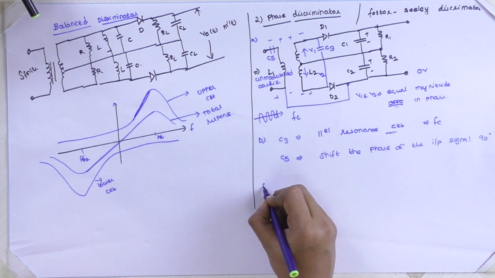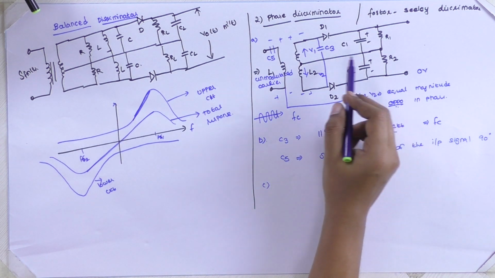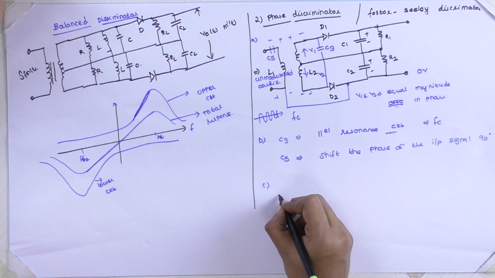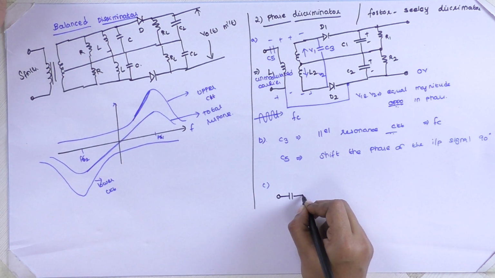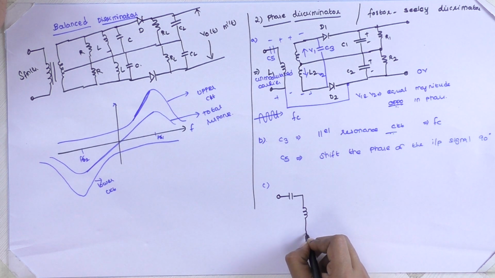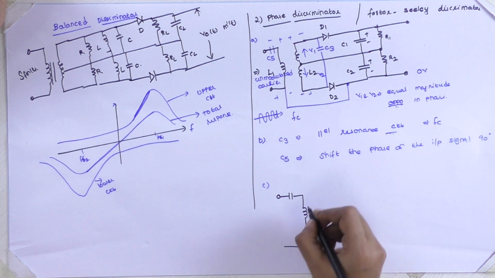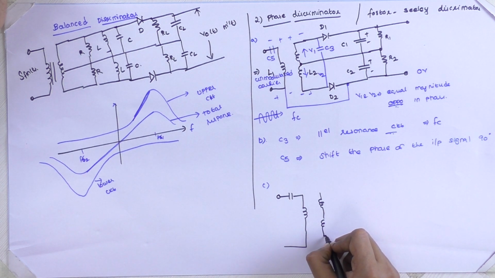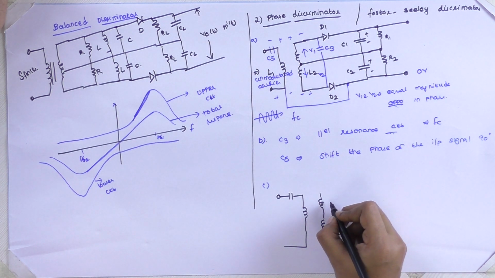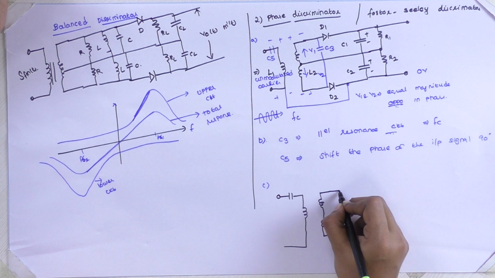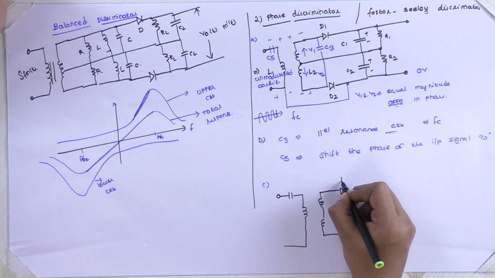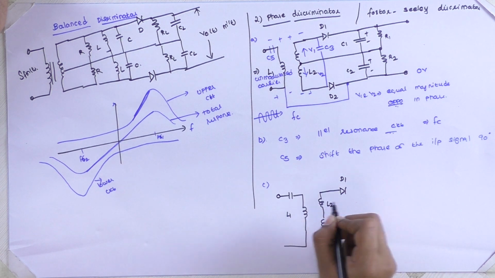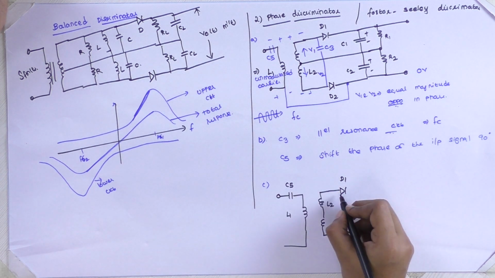And what is the complete circuit diagram for this? See here, we have introduced one capacitor called C5, and here we have a center tap transformer, diode D1, this is our diode D1, this is our diode D2, this is L1, this is L2, and this is our C5.